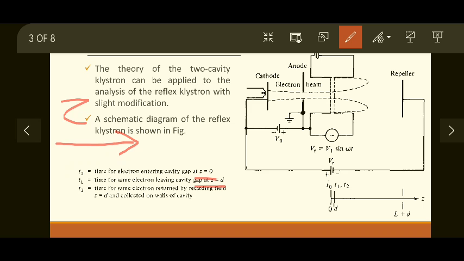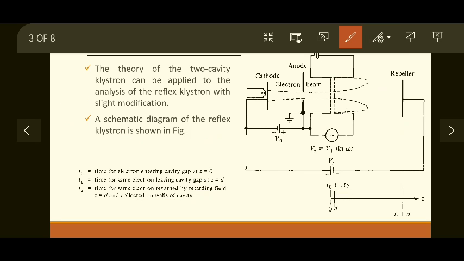Then T2 is the same point as T1. T1 and T2 are both shown at the same point: the electron beam arrives here, travels towards the repeller and comes back here, that is T2. So T2 is the time for the same electron returned by the retarding field of the repeller. The repeller provides a retarding field that repels electrons back towards the cavity at z equal to d, that means again at this point, and they are collected on the walls of the cavity.